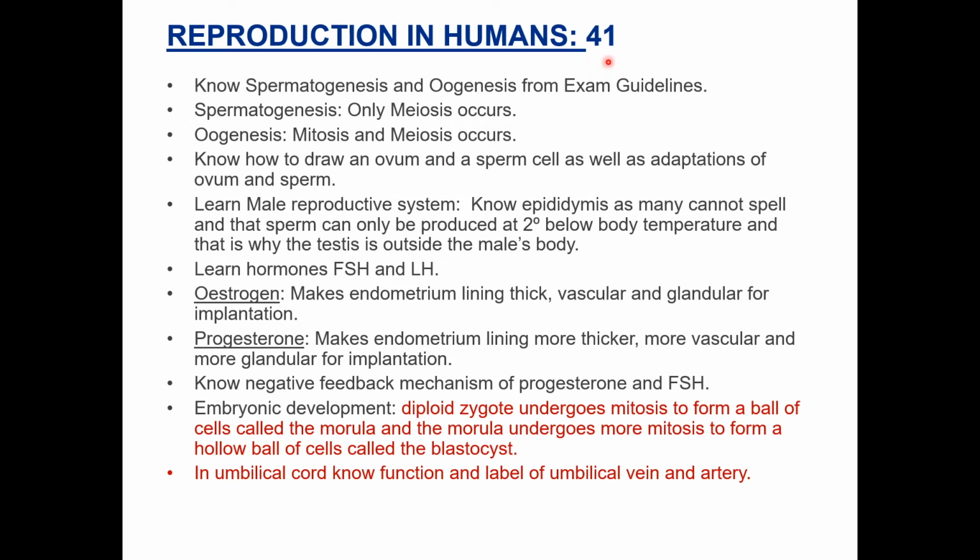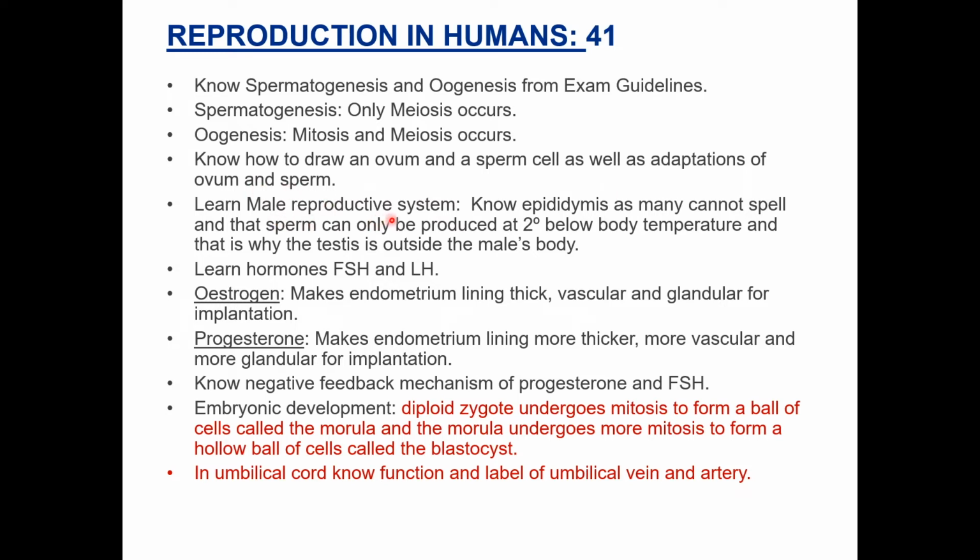Reproduction in humans for 41 marks. Know spermatogenesis and oogenesis word for word from the exam guidelines. Also know in spermatogenesis only meiosis occurs, whereas in oogenesis, mitosis and meiosis occurs. Know how to draw an ovum and a sperm as well as the adaptations of the ovum and the sperm.